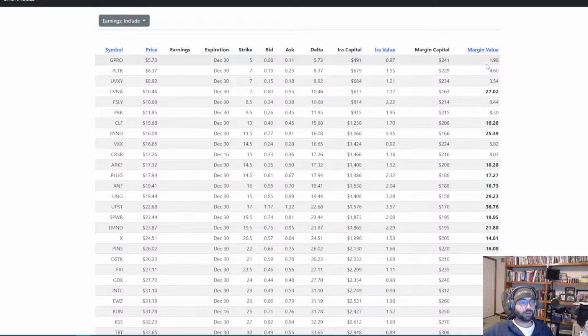And they don't tell you that up front. You have to contact their support. You can, of course, tell when you go to fill out the position, if it's more than what this margin capital requirement column shows, then that means it has elevated requirements.